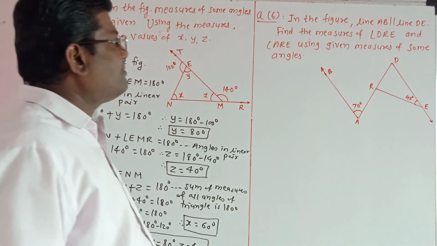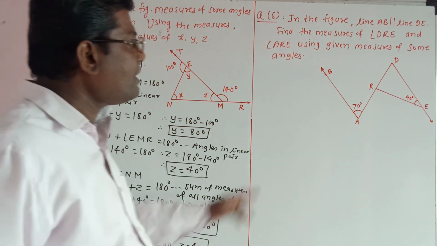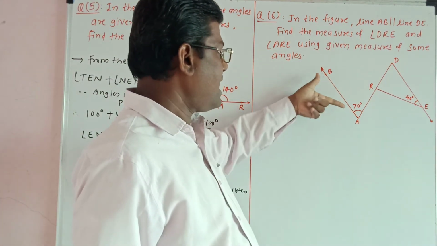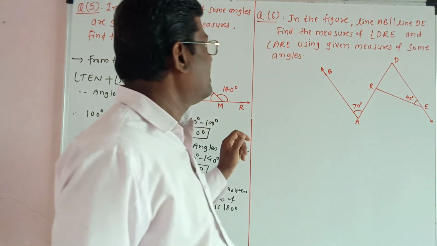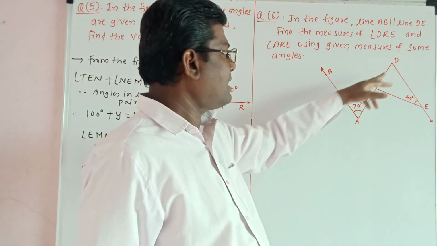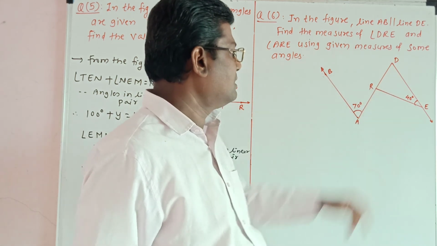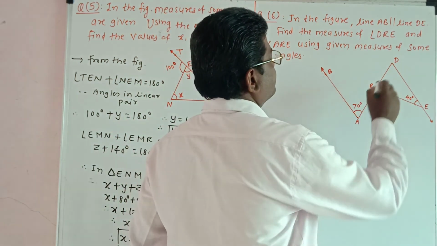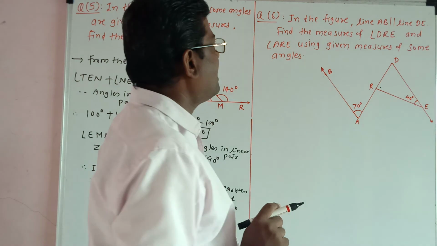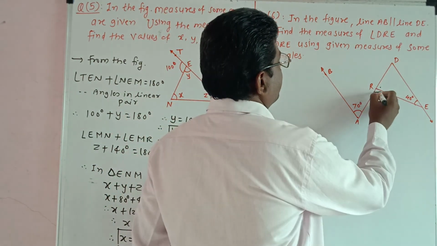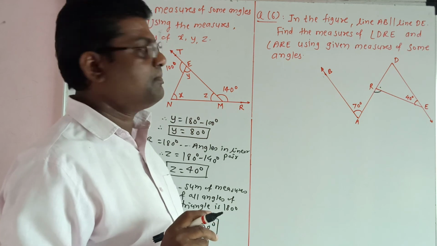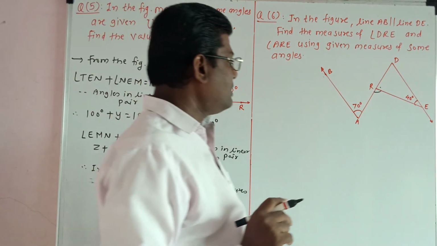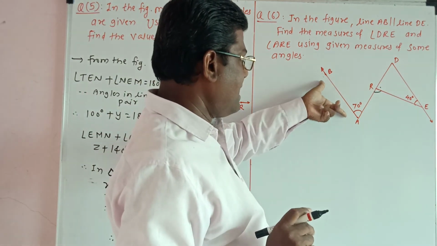Now example number 6. In the figure, line AB parallel line DE, find the measure of angle DRE and angle ARE, using given measures of some angles. Now let's see.